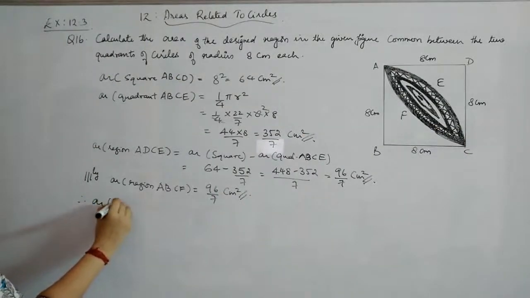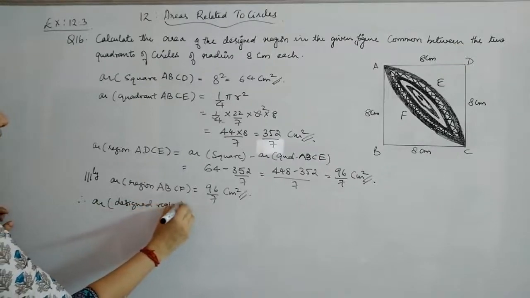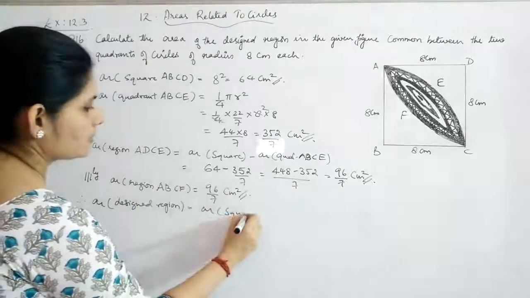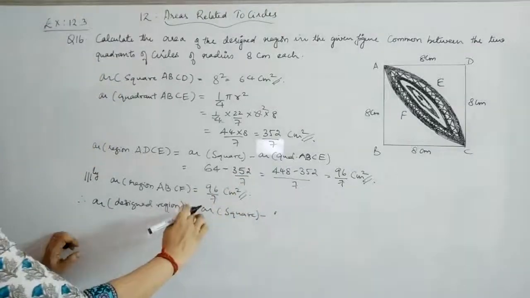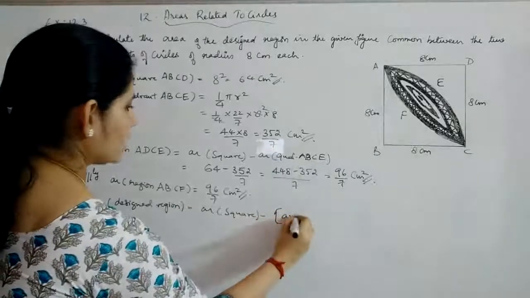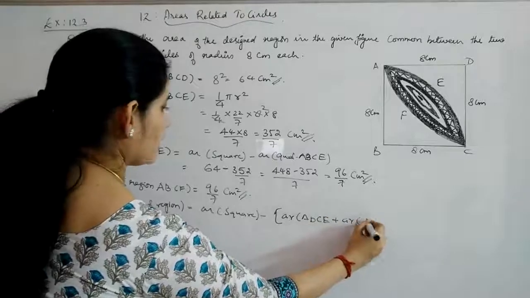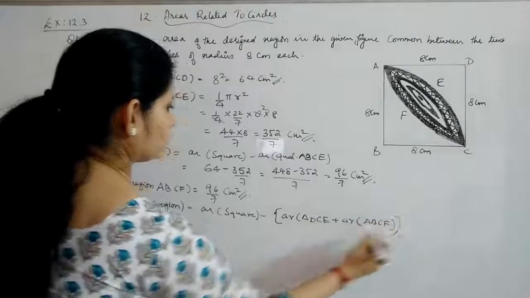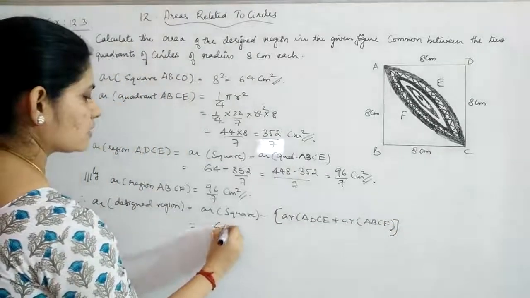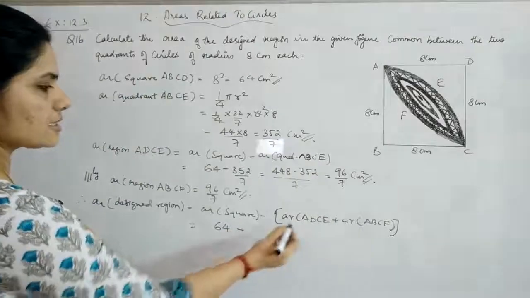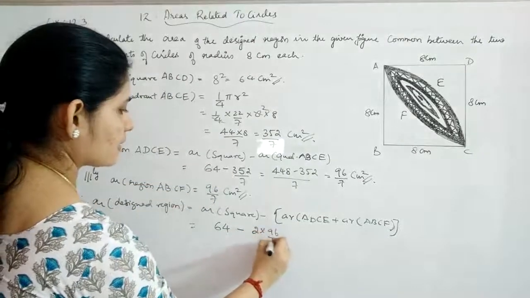Therefore, area of the designed region is equal to area of the square minus, you can just take twice or sum of these two. Okay, minus of area of ADCE plus area of ABCF. Okay, so area of the square is, you have already found out, 64 minus what, these two same value, so you can just take twice of 96 by 7.